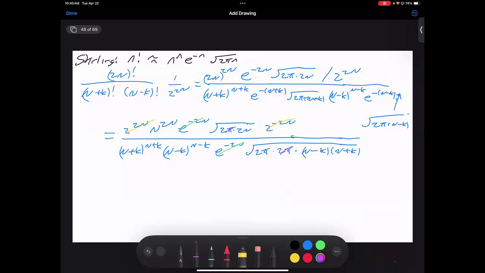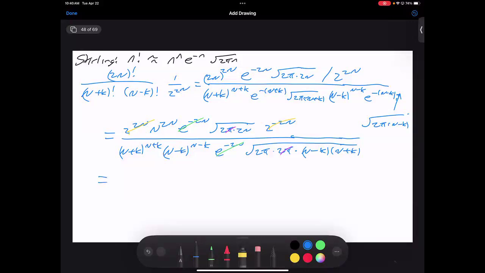I'll keep it like this for now. And so now, what am I left with? There's a couple of ways of doing the resulting algebra. And so let's just collect things first.